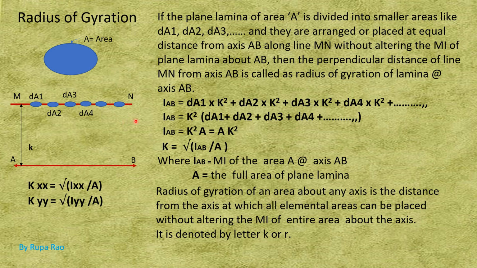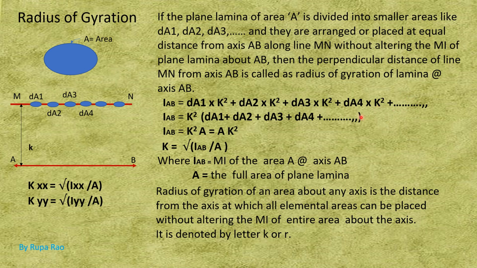So IAB, the moment of inertia of this lamina about axis AB, is equal to the moment of inertia of all the elemental areas. For this elemental area, the moment of inertia about the axis AB by its basic definition will be dA1 into k square. For dA2 it will be dA2 into k square, plus dA3 into k square and so on.